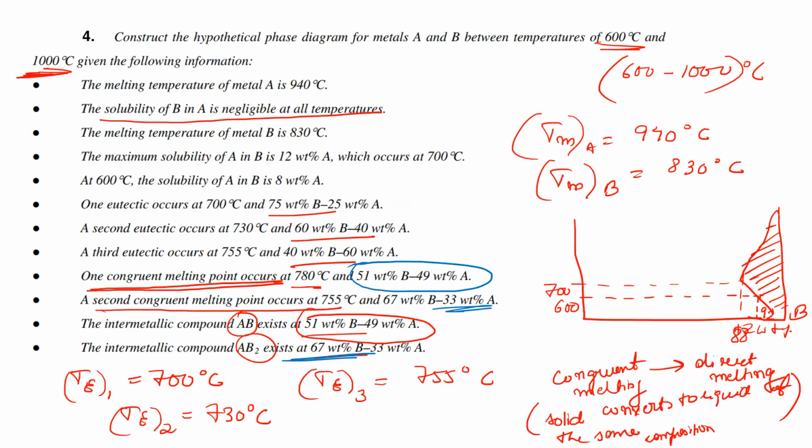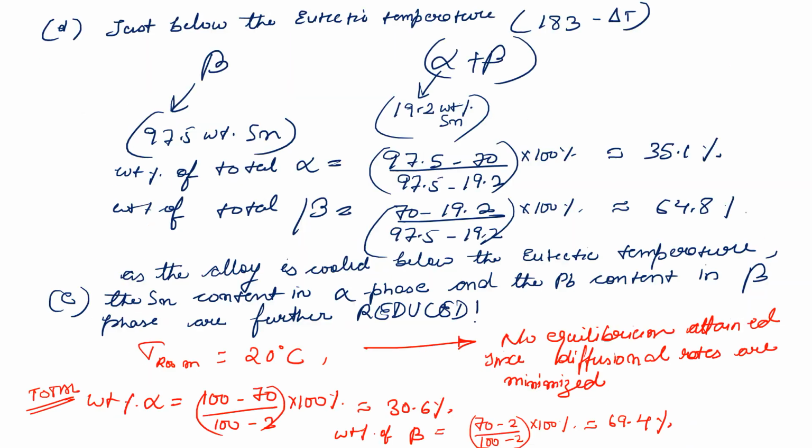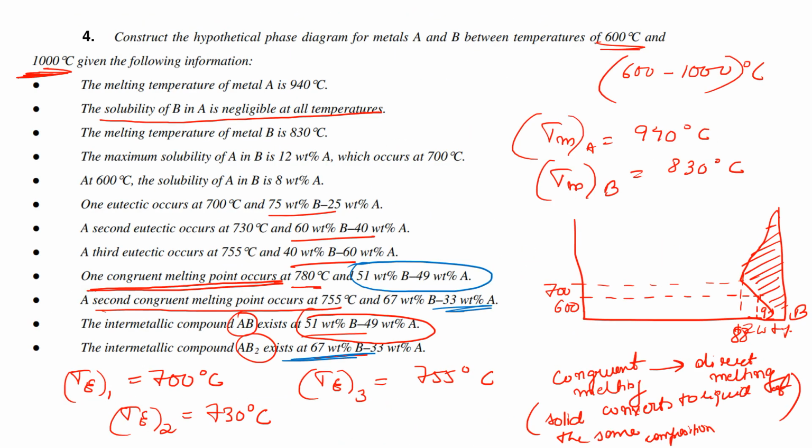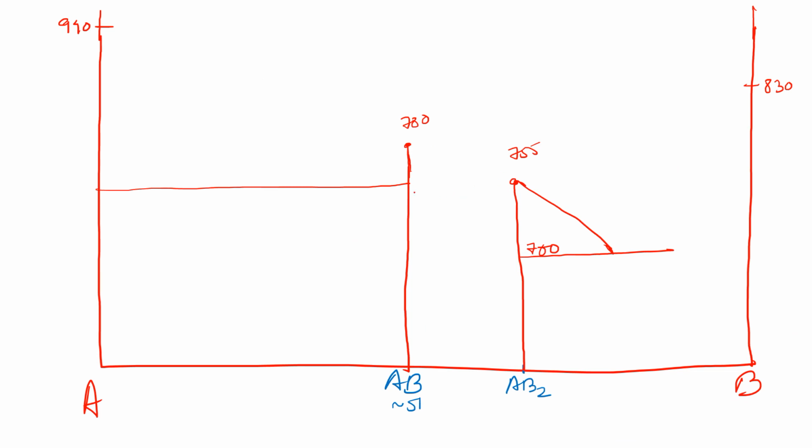So 755 is here, and 730. So 755 lies here, and the eutectic at 730 will be somewhere between 700 and 755. So 755 is here, 700 is here.